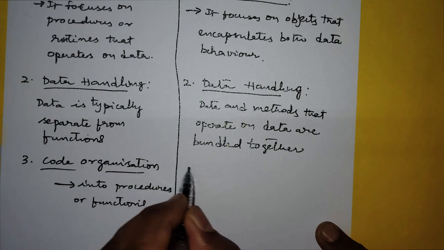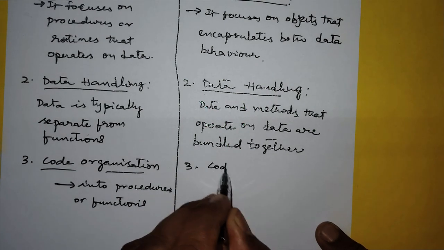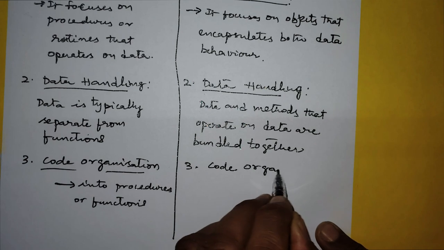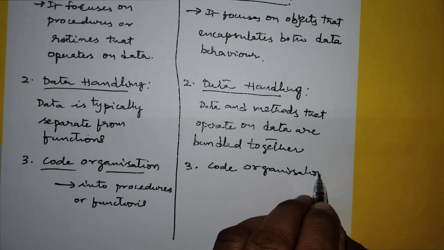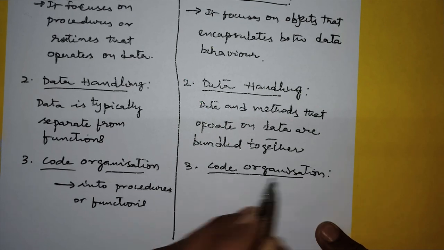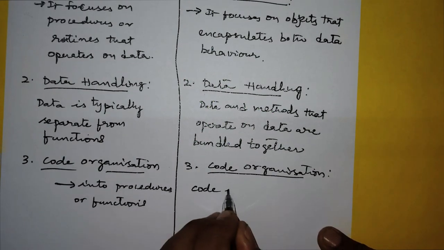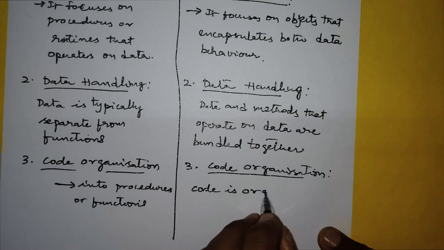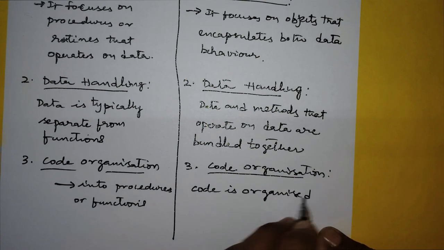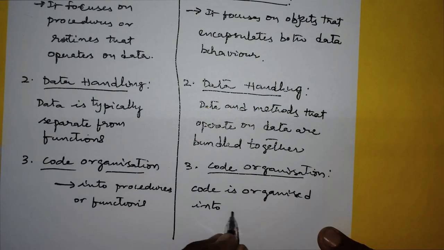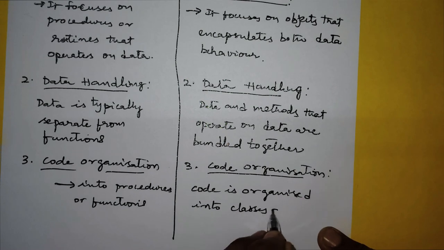Whereas in object-oriented programming, code is organized into classes and objects.